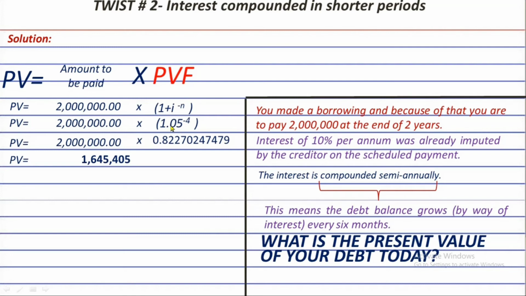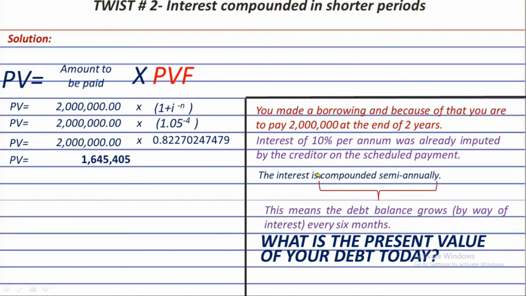And we will be using that. And the n? The n instead of negative 2 for 2 years, we will now use negative 4 because there are 4 6 months in 2 years. So that's the effect of this compounded semi-annually.